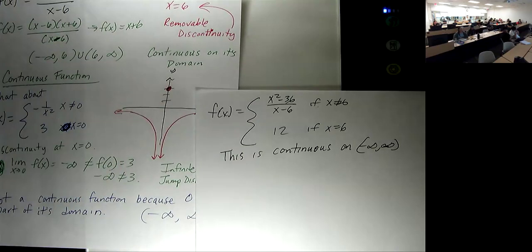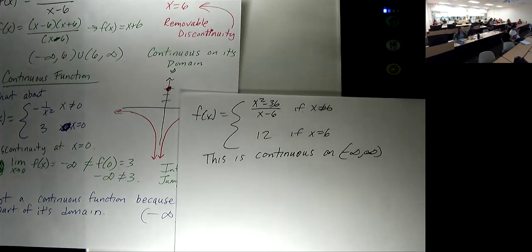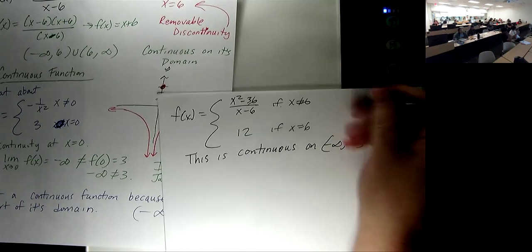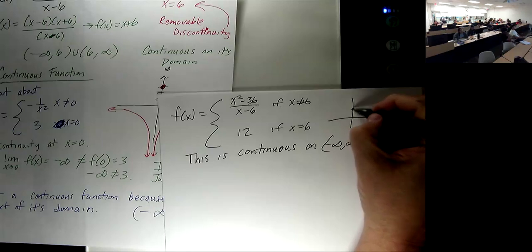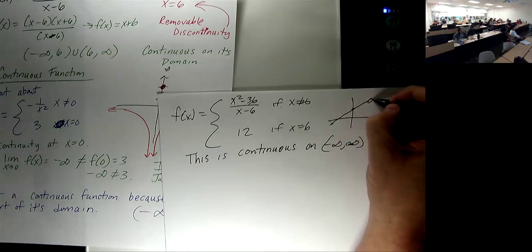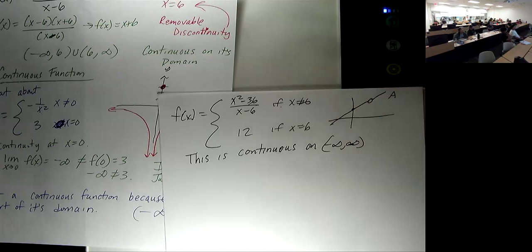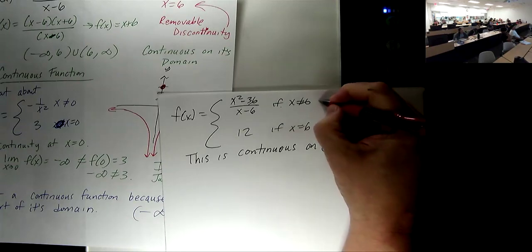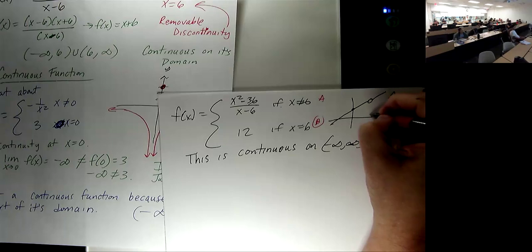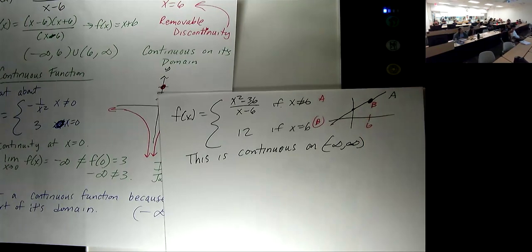The limit approaches 12 from both sides, and it's defined to be 12 at 6. So I can have a piecewise function that's continuous on negative infinity to infinity. This is like having x plus 6 doing this, that's the A part, and then B fills in the 6. So I have a complete line.